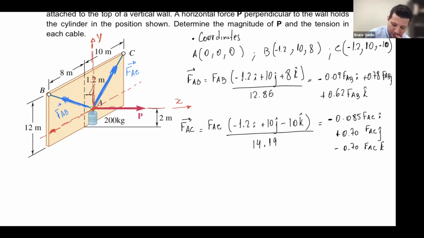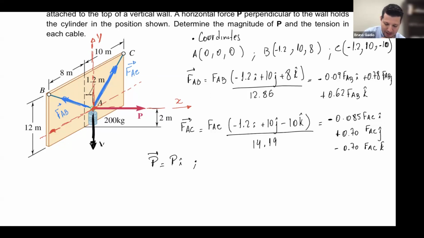What else do I have of vectors? P vector, just P i hat, in the x direction, and oh, I forgot to draw it. Please let me know if you see I forgot something.